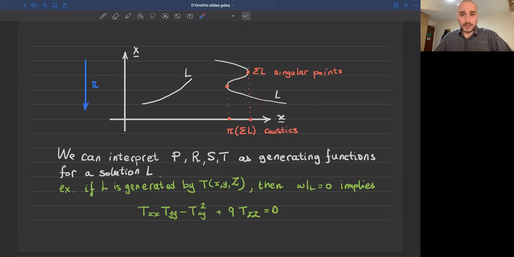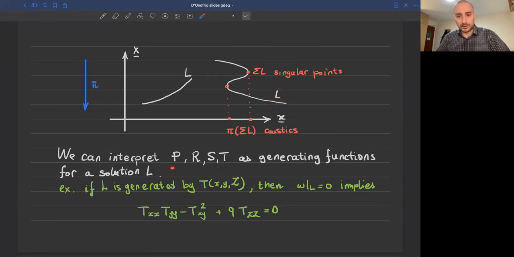Nonetheless, we are able to describe every generalized solution, even if we look at points close to the singular set, by means of a single function, a generating function, right? Because these are Lagrangian submanifolds, and they are locally described by generating functions.